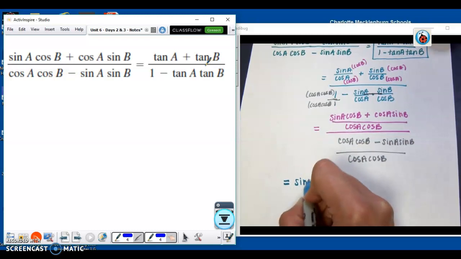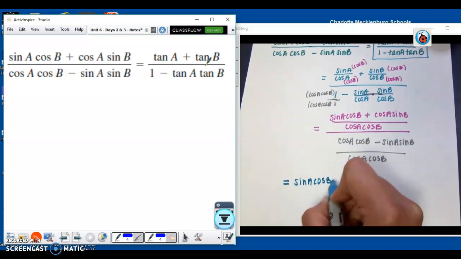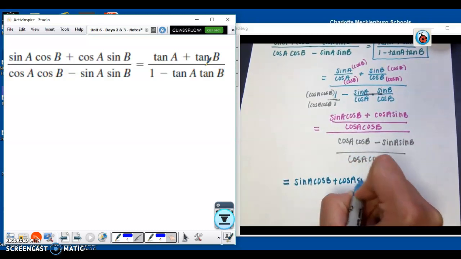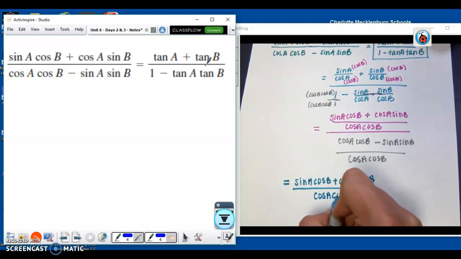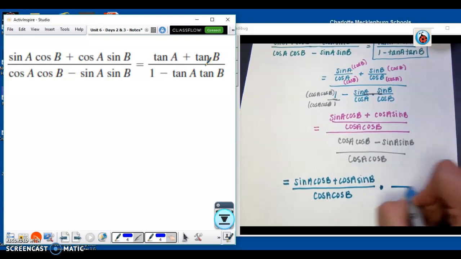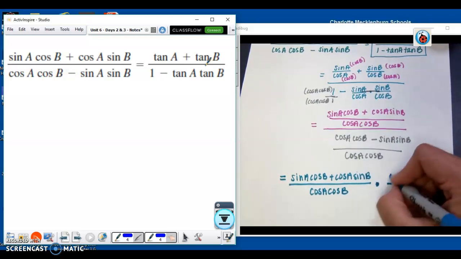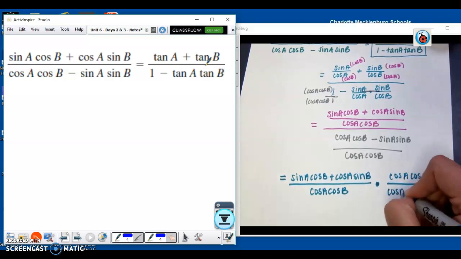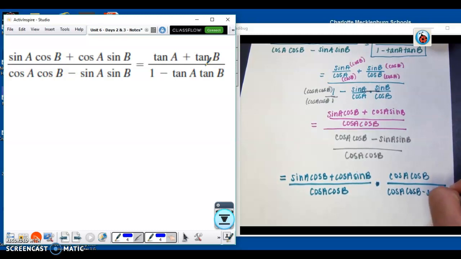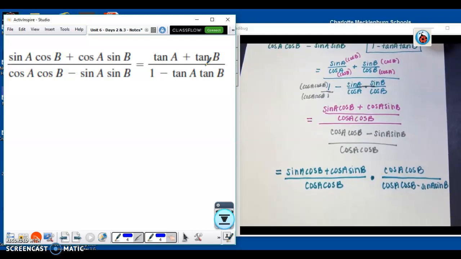So keep the pink one the same, change it to multiplication, and then flip the second one. This problem just requires a lot of writing.